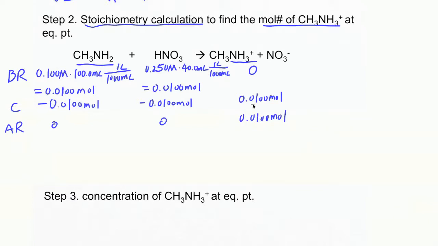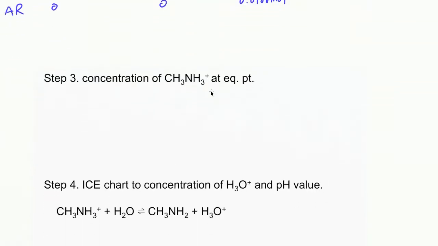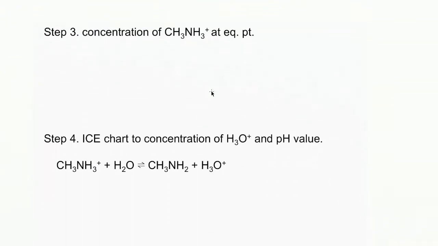Alright, so this is step 2. Step 3, now we know the mole number of this weak acid, it's time for us to calculate the concentration of this weak acid. So step 3, concentration of this weak acid equals the mole number of this weak acid from step 2, 0.0100 mole, divided by the volume of the solution at equivalence point.